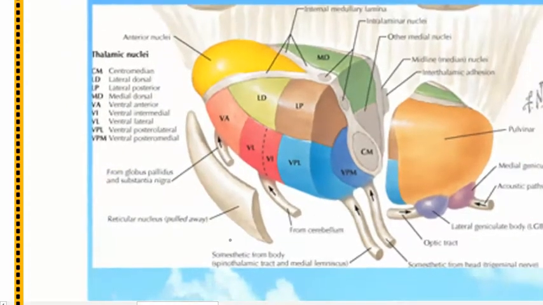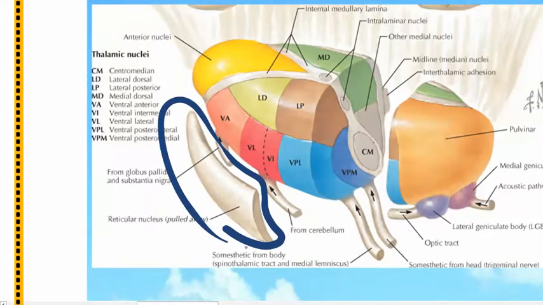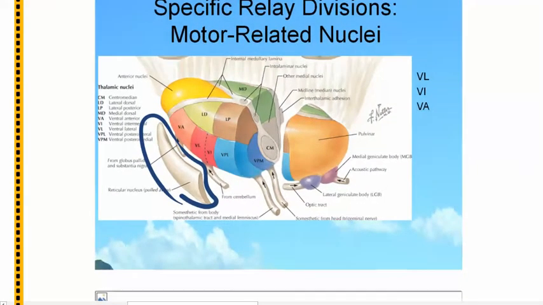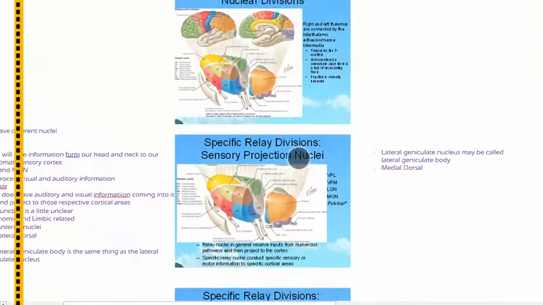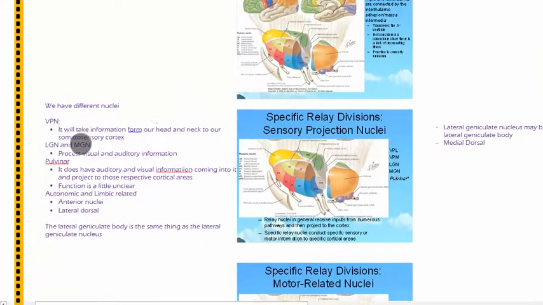So this right here is reticular nucleus. It says it's pulled away. In my notes I had him saying that it was not part of the thalamus.